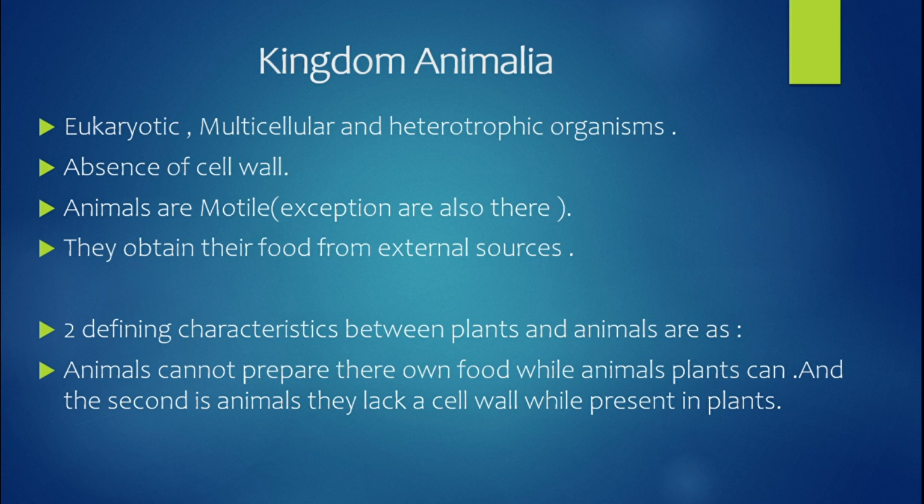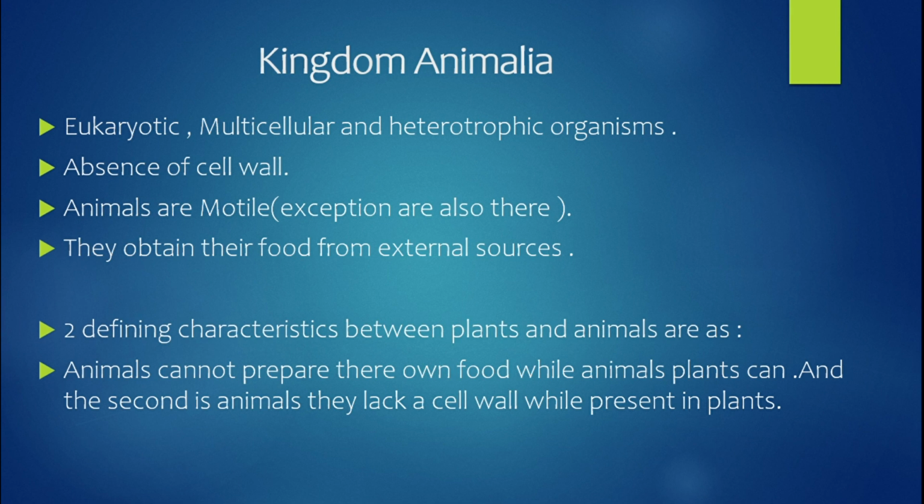Now there are two defining characteristics between plants and animals which everyone can say. Please do let me know in the comments what more differences you can see in plants and animals. The first difference is that animals cannot prepare their own food, while plants can prepare their own food.